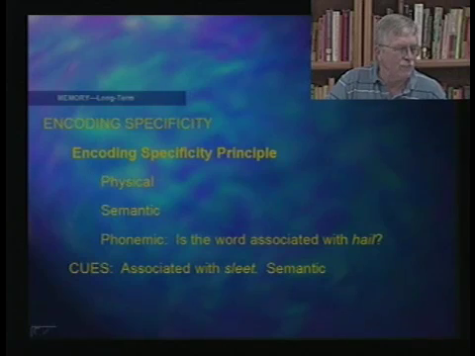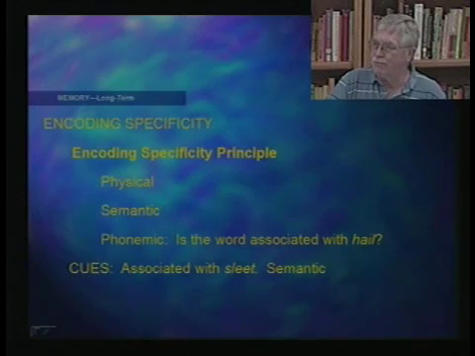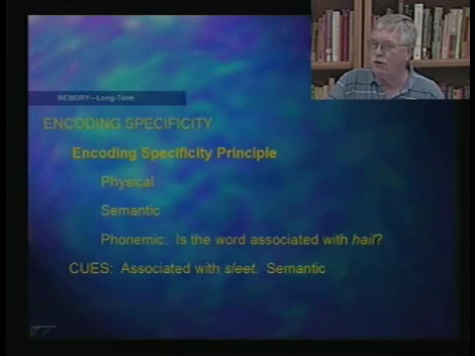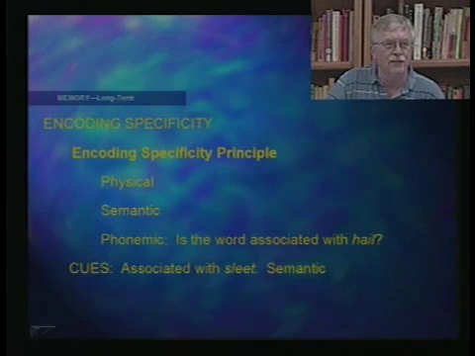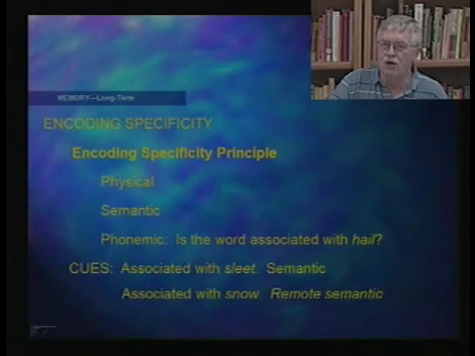Cues would be something like associated with sleet. Well, yes. That's a semantic linkage. We can use sleet and hail almost interchangeably, so there's a tight semantic linkage there, even though they don't sound at all alike. We could give you a cue like associated with snow.